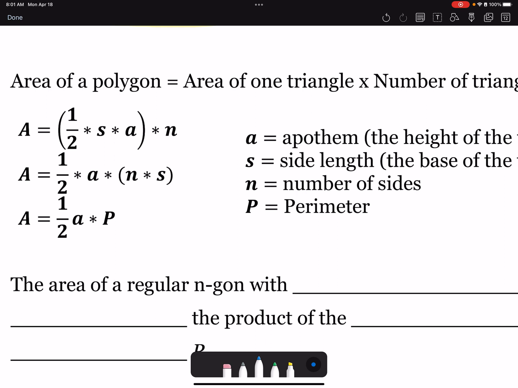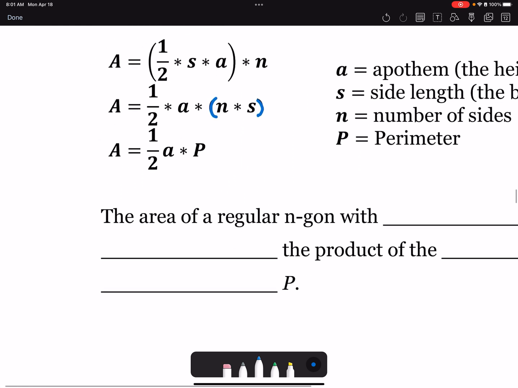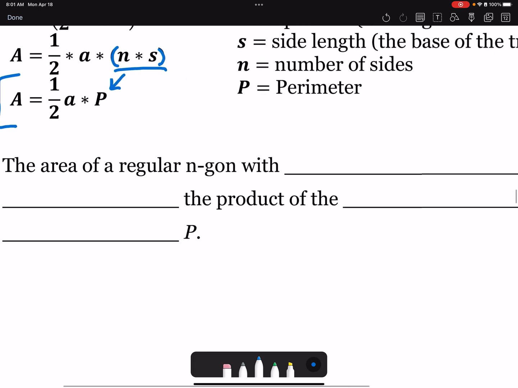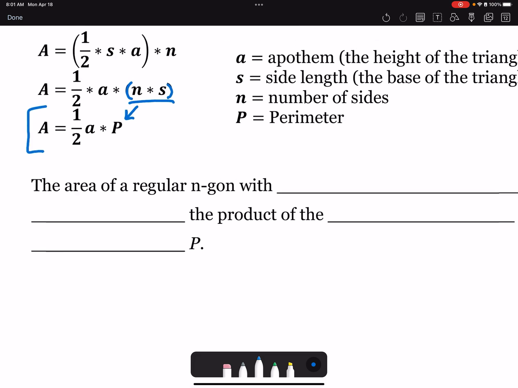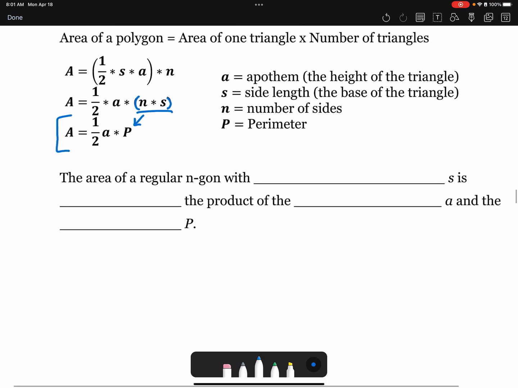And it's 1/2 times the apothem times the number of sides times the side length. This also equals my perimeter. So I'm going to use this lovely formula. I'm going to figure out what 1/2 times the apothem times the perimeter is. And that'll be the perimeter of the entire polygon.